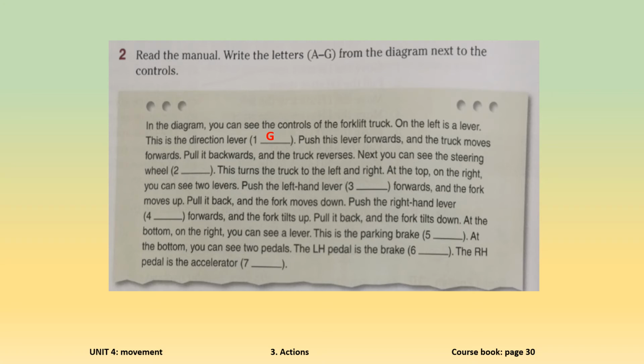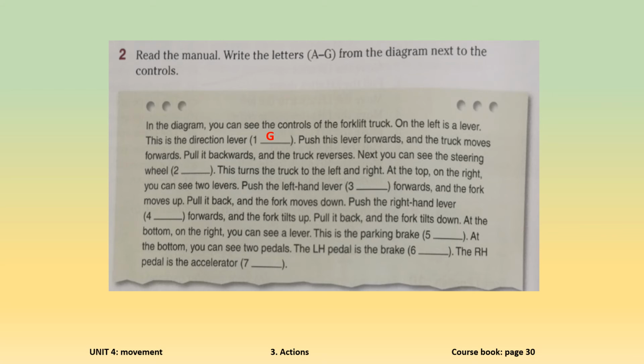Now let's continue reading. Push this lever forwards and the truck moves forwards. Pull it backwards and the truck reverses. Next, you can see the steering wheel. This turns the truck to the left and right. At the top on the right, you can see two levers.